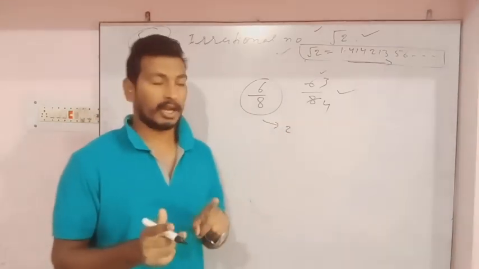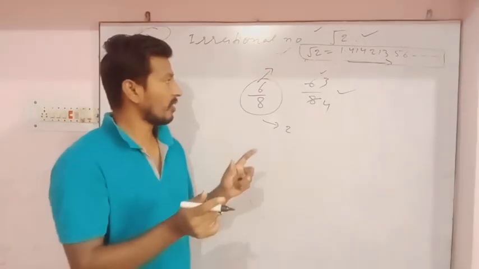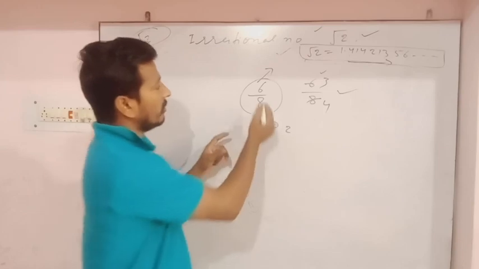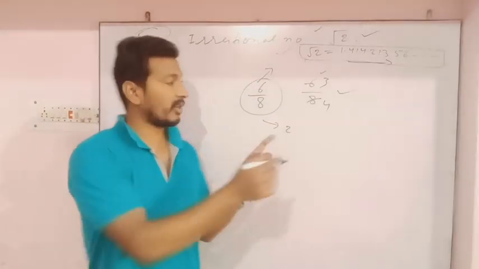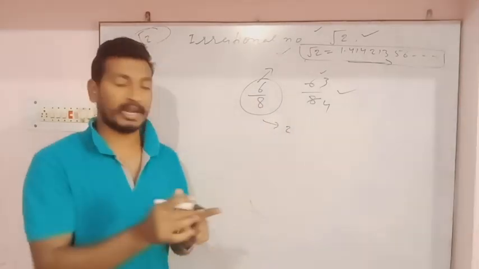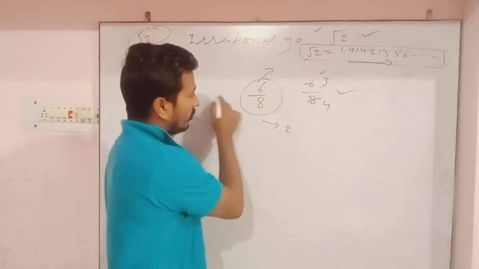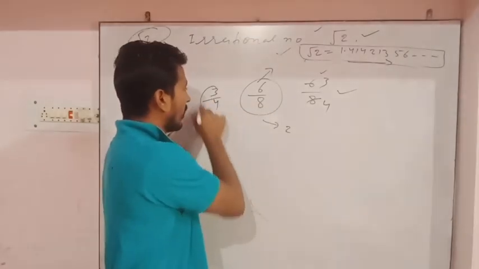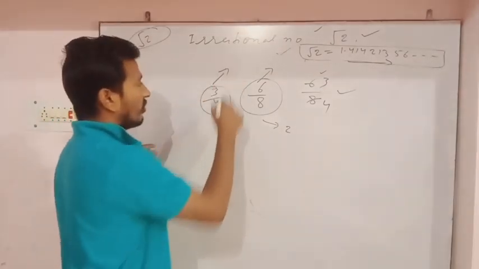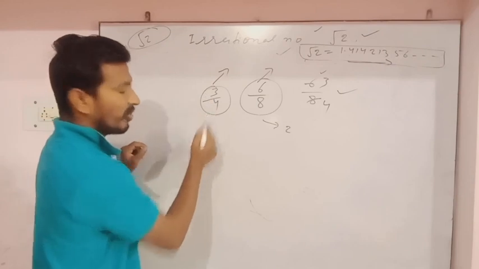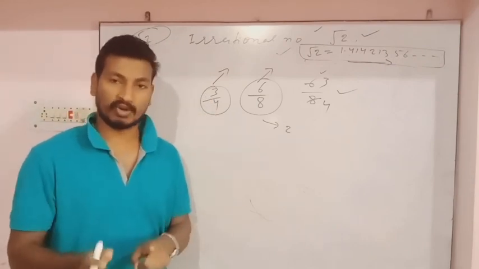So if a rational number is given in a form where some common factor exists, then first we divide that rational number by that common factor. There is a common factor 2, so first we divide this by 2, then we get 3 by 4. Now this is your rational number given in standard form. Why? Because there is no common factor other than 1. 1 is always a common factor, so we don't care about 1.